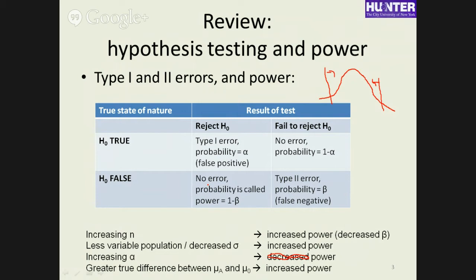The answer is it's usually not, and the reason is that power is ordinarily done before you begin the study. Power has to do with your expectation before you do the study. After you have the sample, it's not so relevant anymore. You've either rejected the null hypothesis or not.